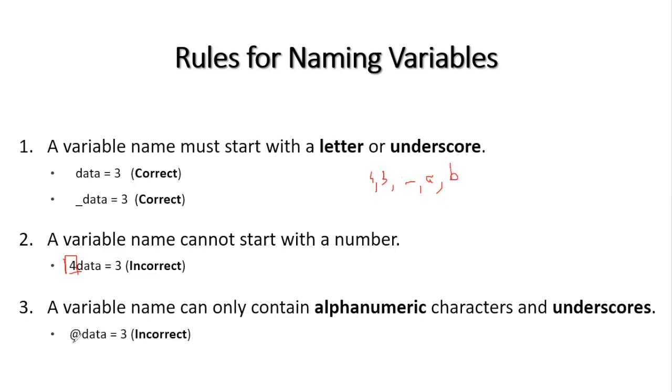So @ for example, is incorrect. Here, had you used an underscore, it would have been absolutely correct. You cannot use any other symbols, let's say this, d@ta. This is again wrong. So no symbols can be used other than an underscore.